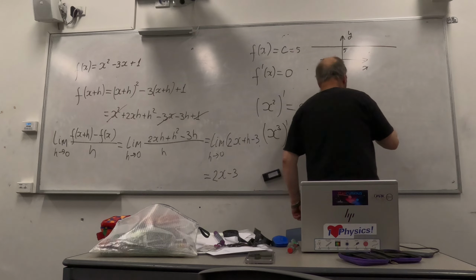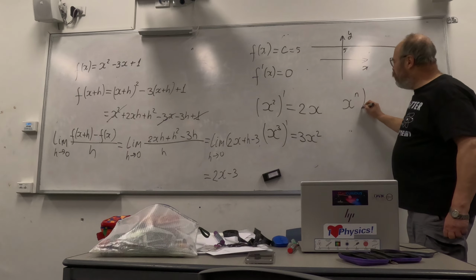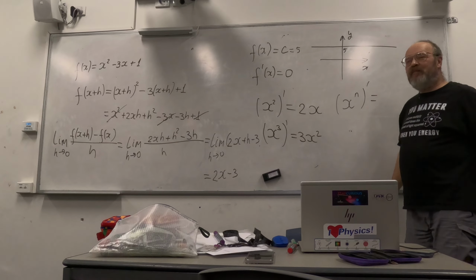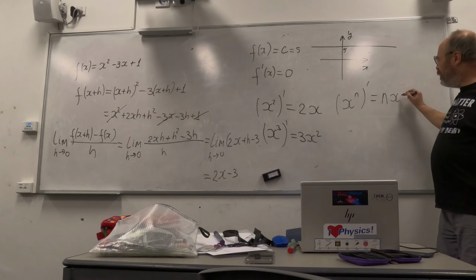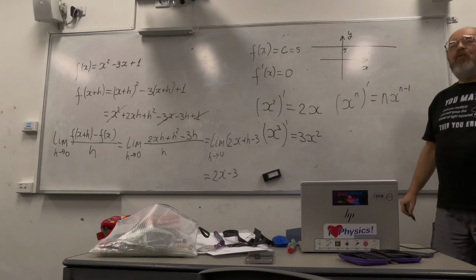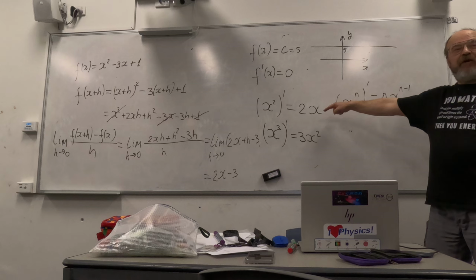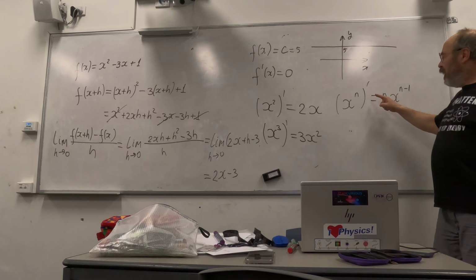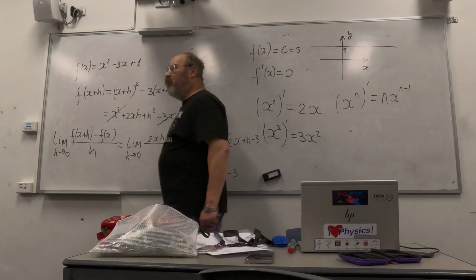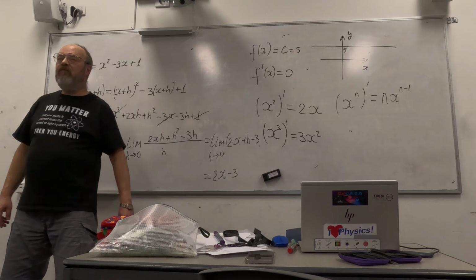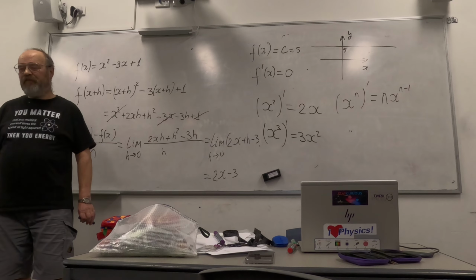Can we now deduce the derivative of x to the power of n? Yes, n x to the power of n minus 1. So when we differentiate a power function, the power comes to the front as a coefficient, and the power drops by 1. That is one of the very important formulas for differentiation, the derivative of the power function.